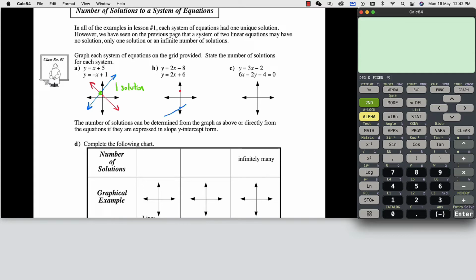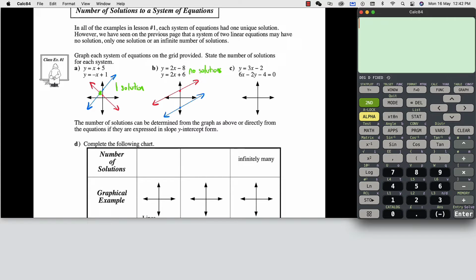So it's going to be sort of like that-ish. And this one would be sort of like that-ish. And we're going to assume those two lines are perfectly parallel. So in this case, we would have no solutions because they will never cross.